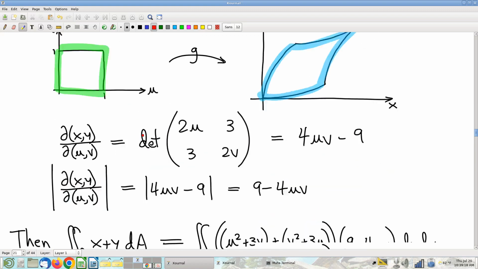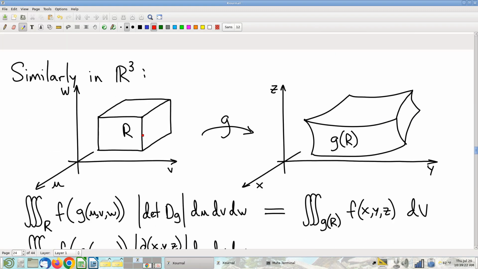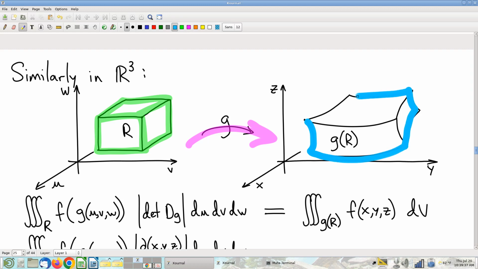All in 2 dimensions. So, what's the 3-dimensional version of this? If I have a volume, and I want to look at its image, and its image, oh my gosh, is going to be severely wonky.